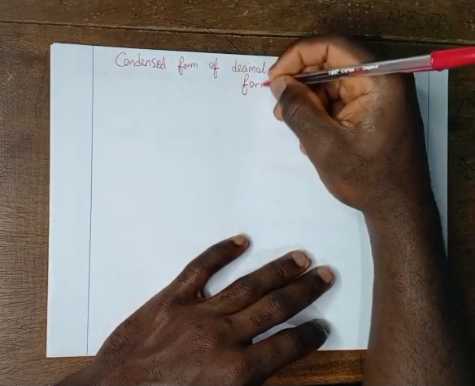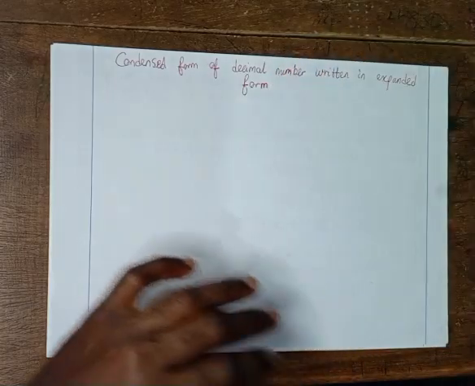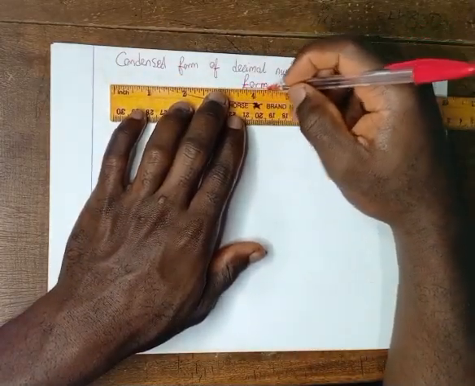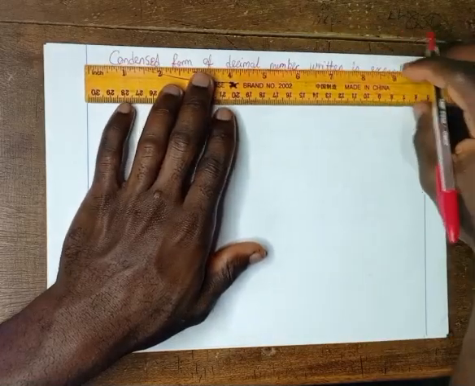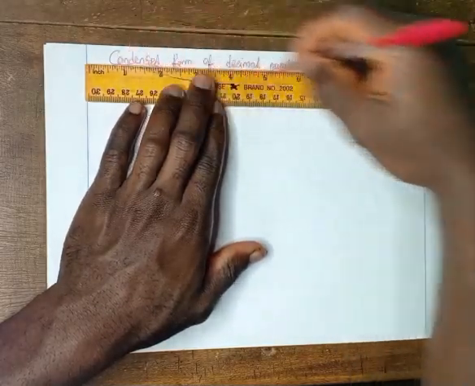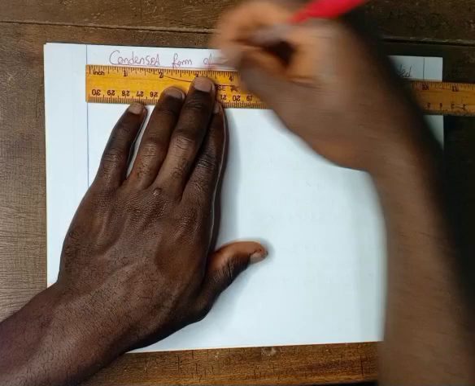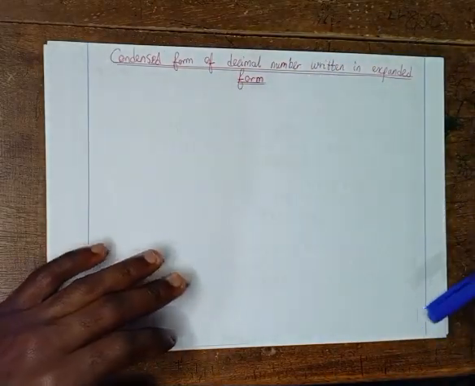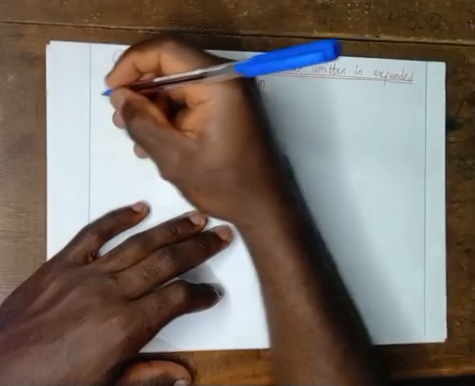That means we can be given a decimal number which has been written in expanded form, and we can go back to the original decimal number. Let's write this down.